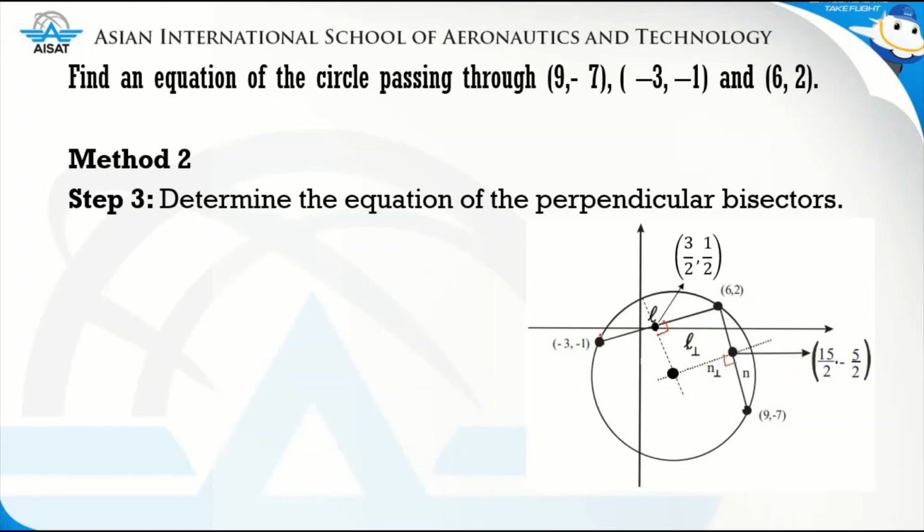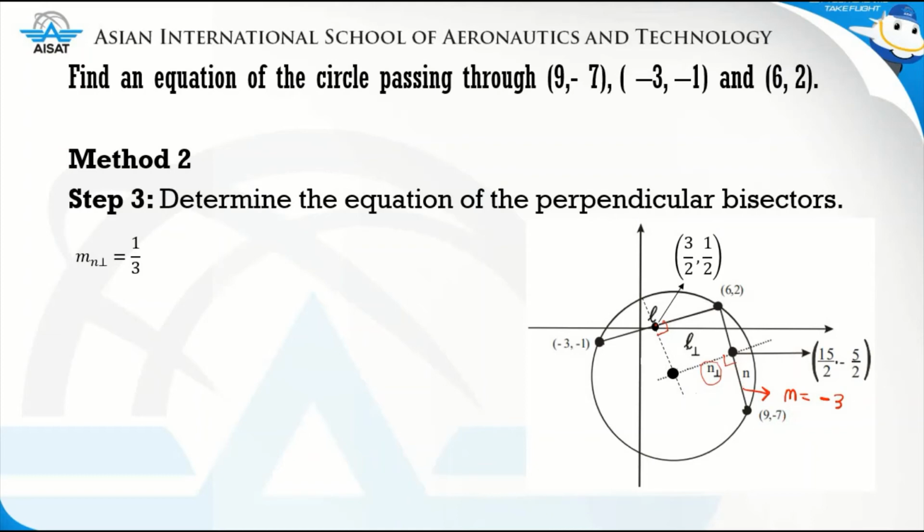So, to get the equation of the perpendicular bisector, we are going to make use of the value of the midpoint, which we have taken earlier, and the negative reciprocal of the slopes of the chords. First, let's determine the equation of the perpendicular bisector of N. Earlier, the slope of this line is m equal to negative 3.